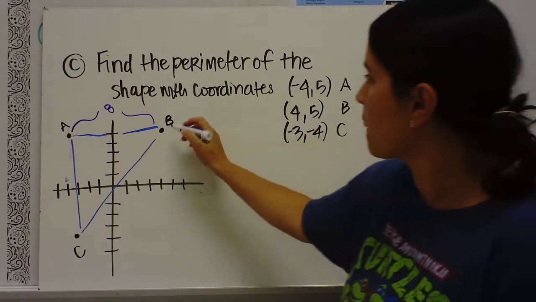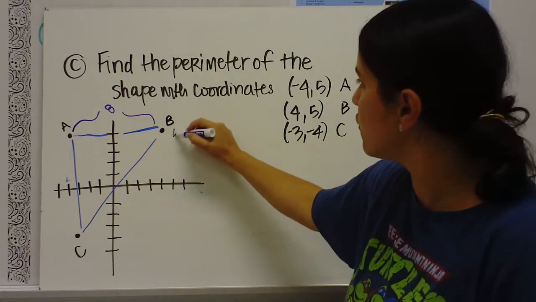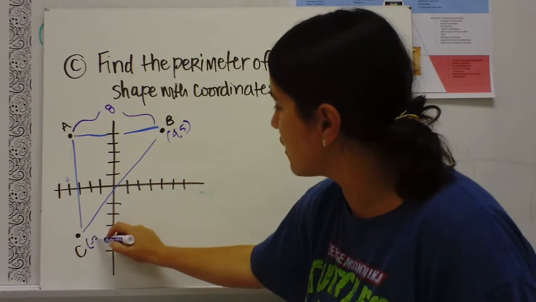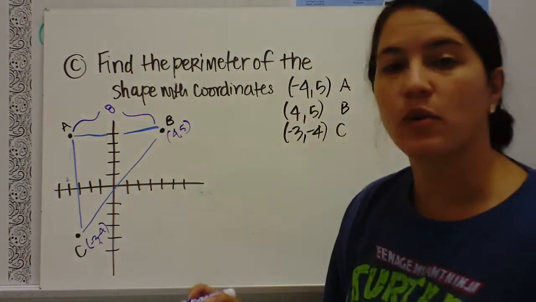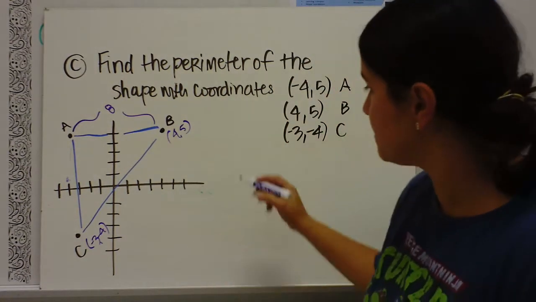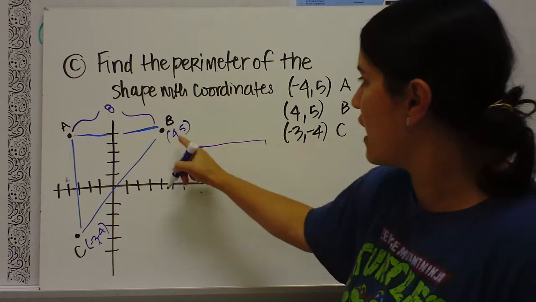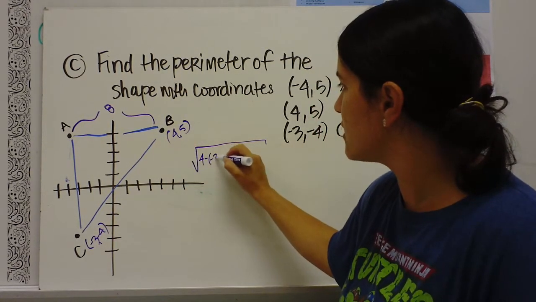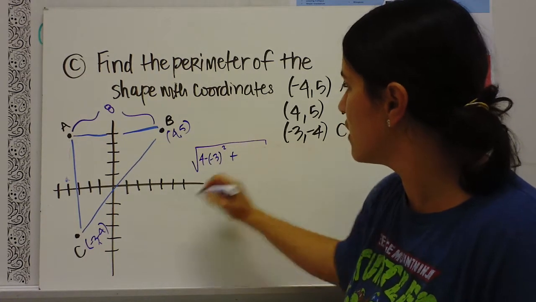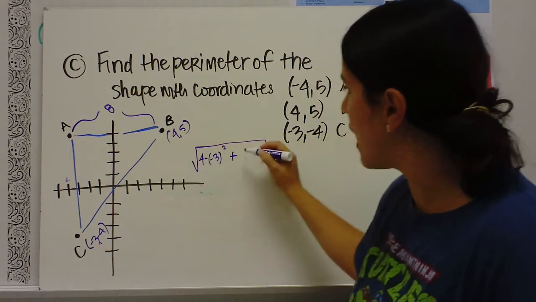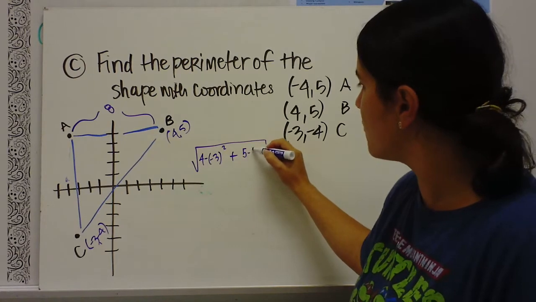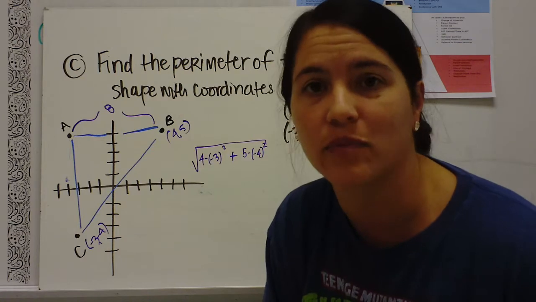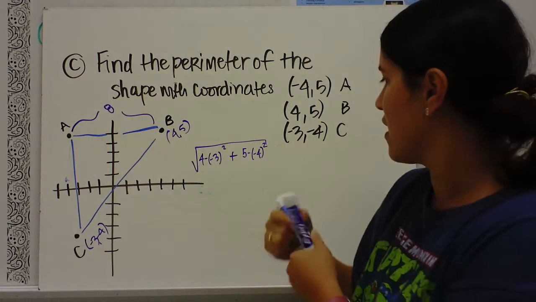From B to C, B is (4, 5) and C is (negative 3, negative 4). I'm going to use my distance formula, x minus x. So 4 minus negative 3 squared, and y minus y would be 5 minus negative 4 squared. Again, my distance formula: x minus x squared plus y minus y squared.